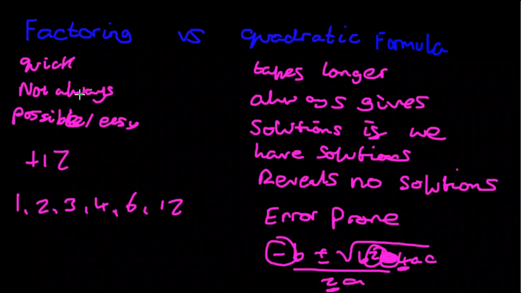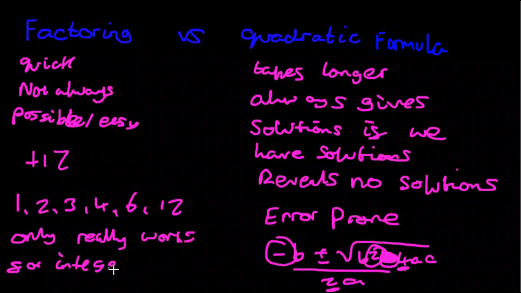Oh, and also this factoring method only really works for integer solutions. So if it seems like you could get integer solutions, then I'd go for this factoring method.